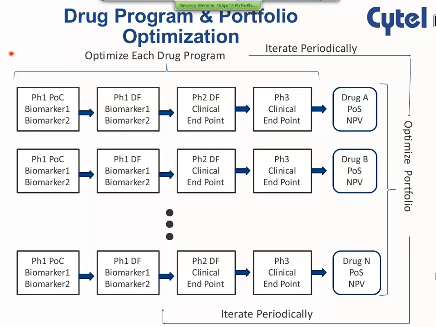In the context of overall drug development, consider a sequence of trials for an overall drug development program: biomarker proof of concept, followed by biomarker dose finding, followed by phase 2 dose finding with the clinical endpoint, and then phase 3 based on the clinical endpoint, resulting in probability of success or NPV, net present value, of drugs.